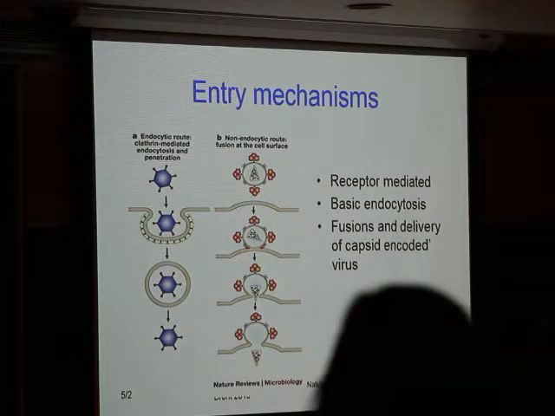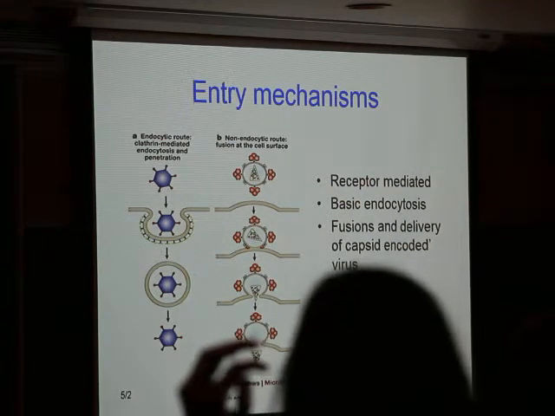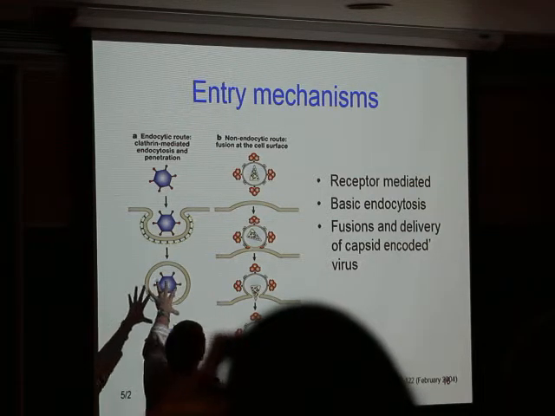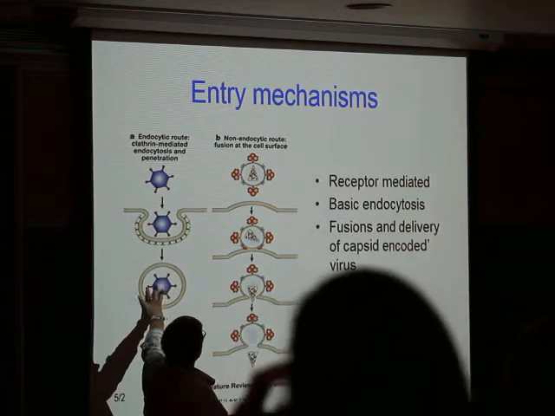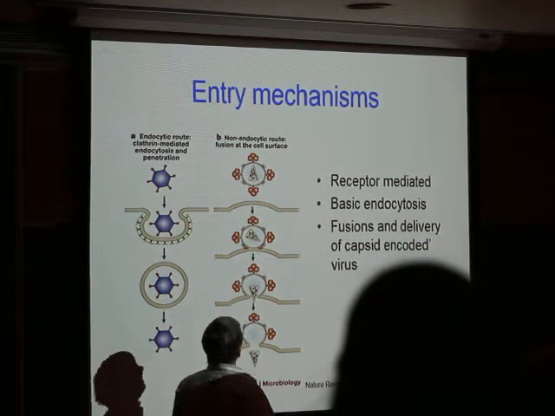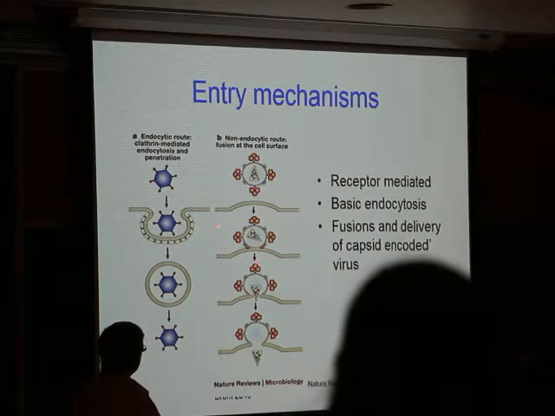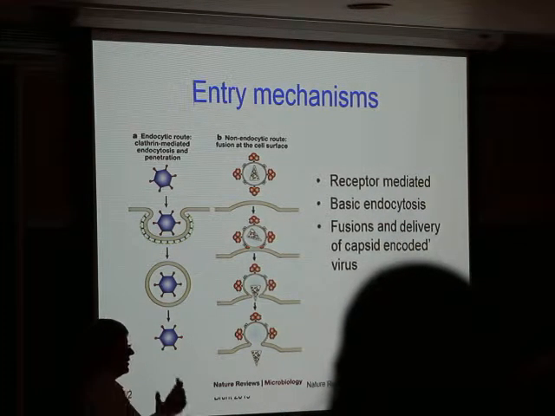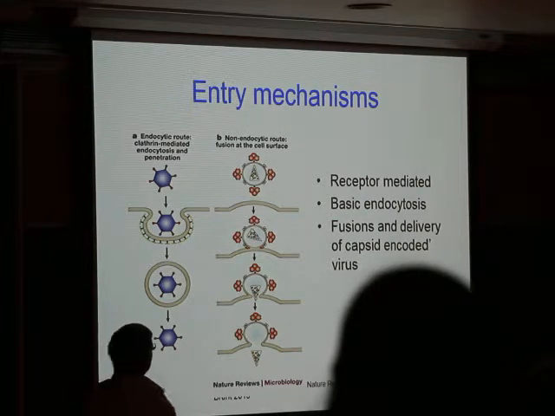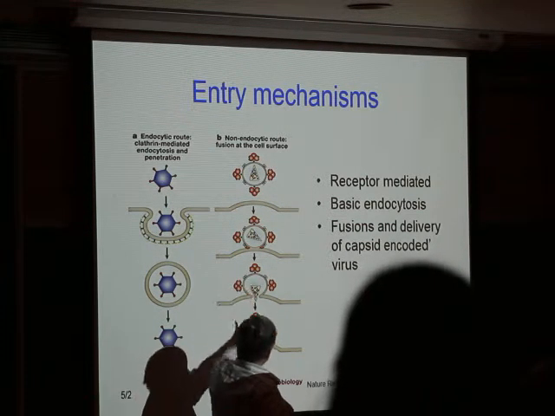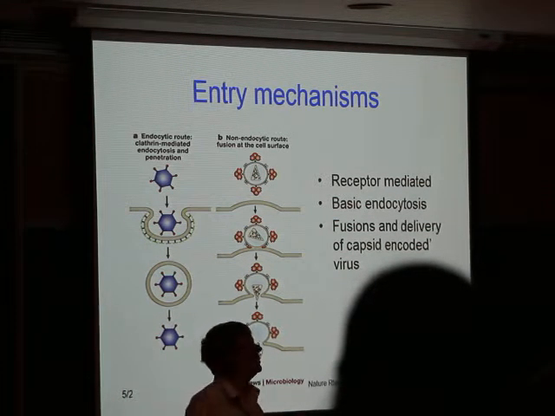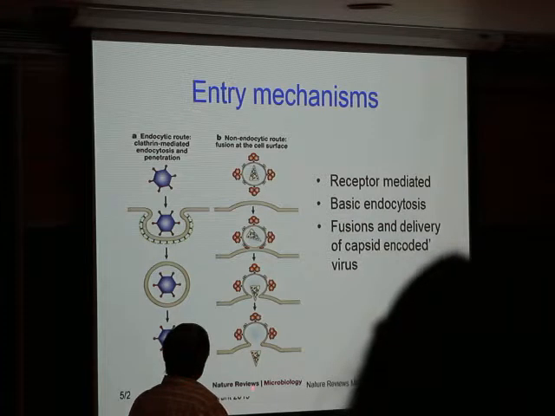All right. So those are the two examples of viruses showing you the classic model. One is the clathrin-mediated endocytosis, which was through influenza. The other is the non-endocytic route, which was demonstrated by HIV, where there's a fusion between the membrane of the virus and the membrane of the cell, and then the capsid containing genetic material is placed into the cell.